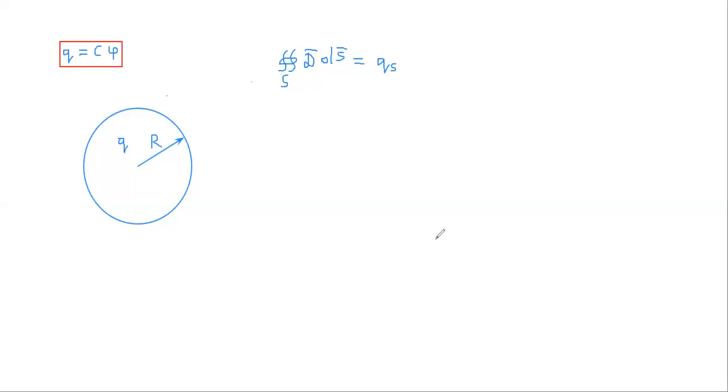So electrostatic field, I can draw it here with these arrows. Electrostatic, it is electric displacement vectors. It can be shown like this.